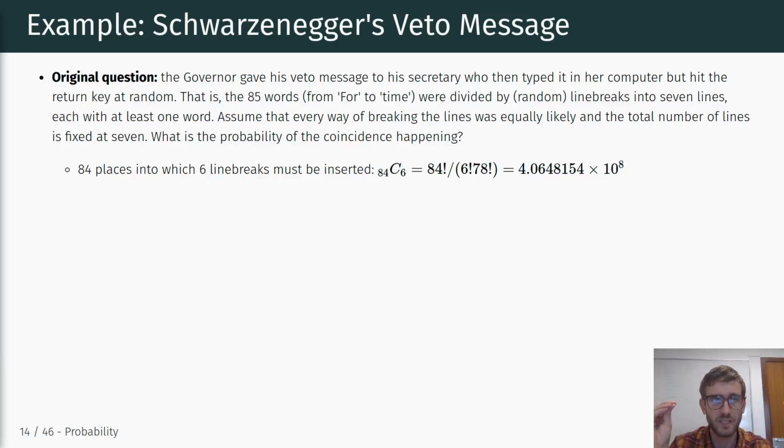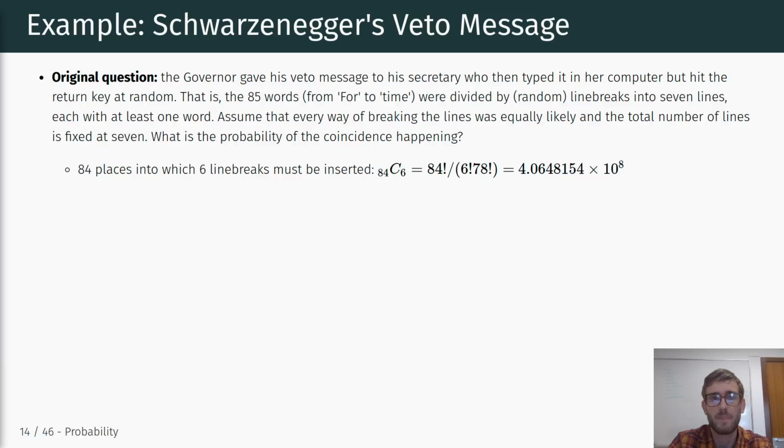So suppose all the 85 words are held constant, and you're sampling which of those gaps between the words you put those line breaks in. The ordering in which you assign these line breaks doesn't really matter, right? So in order to count that, that's 84 choose 6.